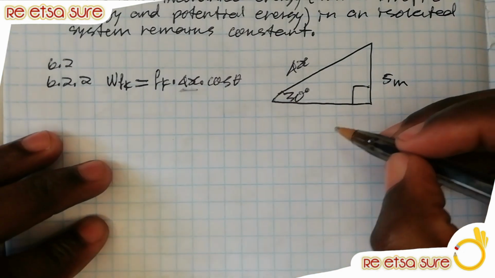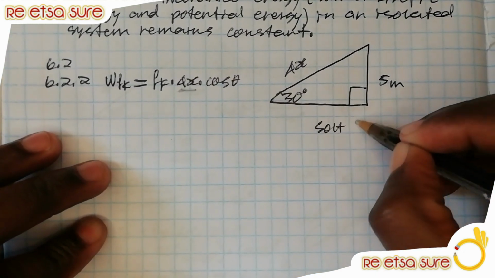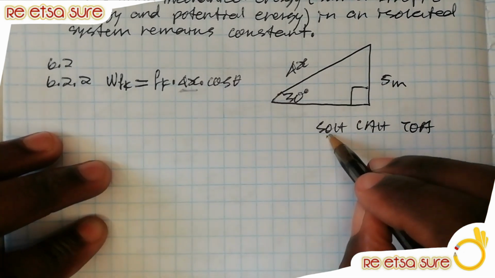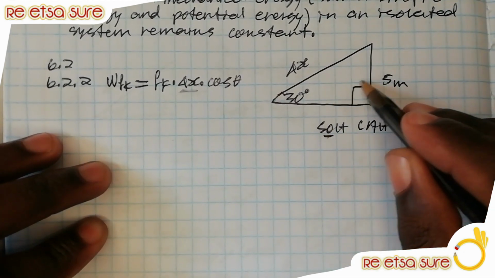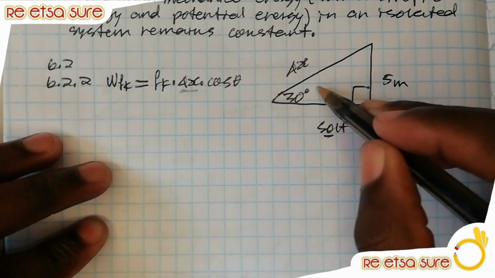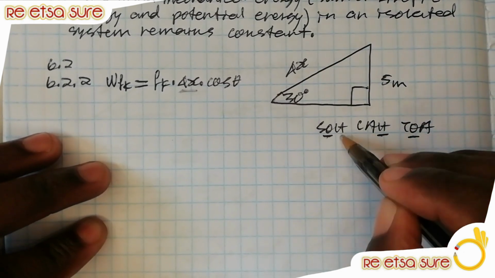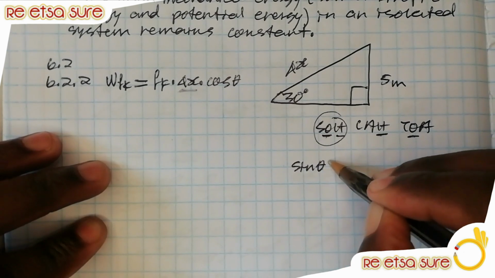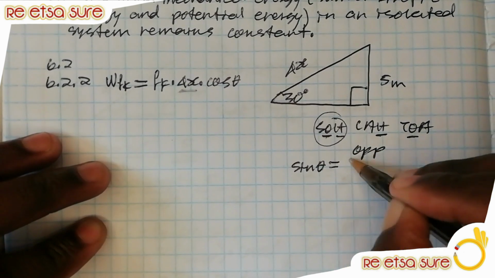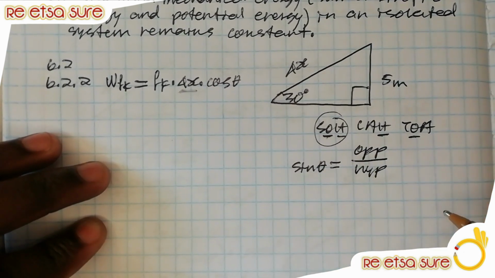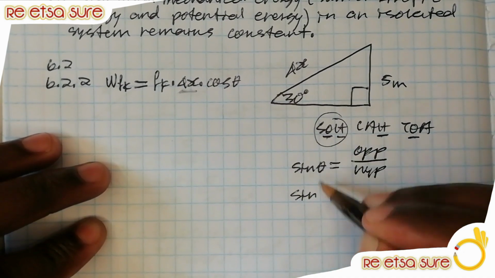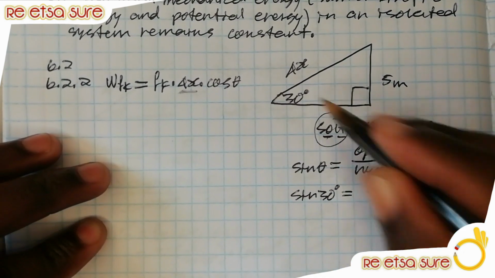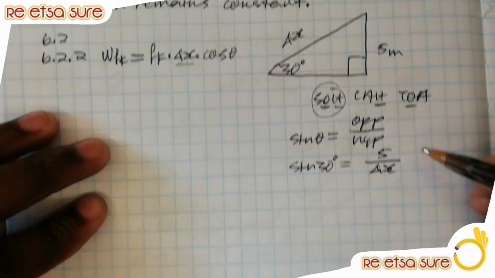So we have the opposite and we're looking for the hypotenuse. So we're going to use sine. Sine theta is equal to opposite over hypotenuse. Now our theta is 30 degrees, so sine of 30 is equal to the opposite, 5 meters, divided by delta x.